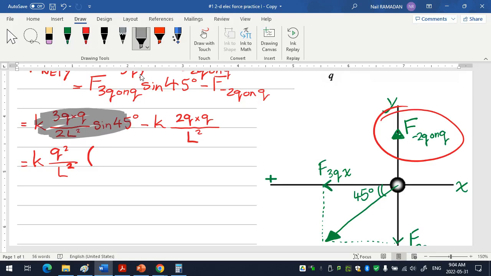And because they're the same, 45 is the only angle with the tangent of 1. So 1.06, basically, it's the same number from before. Minus, can someone tell me what survives from here? After you pull out k and q squared and L squared, what's the only thing that survives? Yeah, technically, nothing. 2 over 1, so just 2.